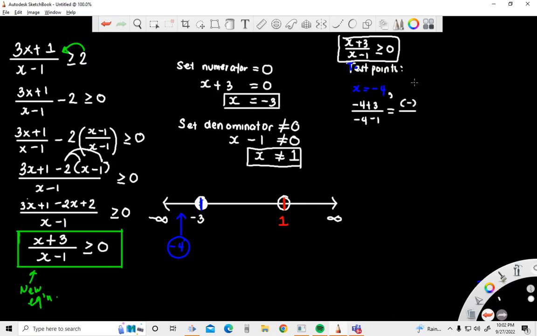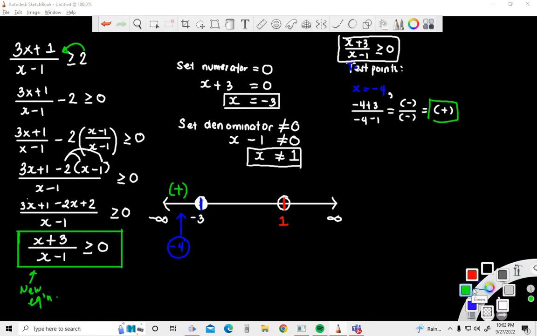Next, negative 4 minus 1, also a negative result. And if we divide two same signs, negative divided by negative, the result will be positive. So, therefore, in here, the result would be positive. Tapos na tayo sa left side.